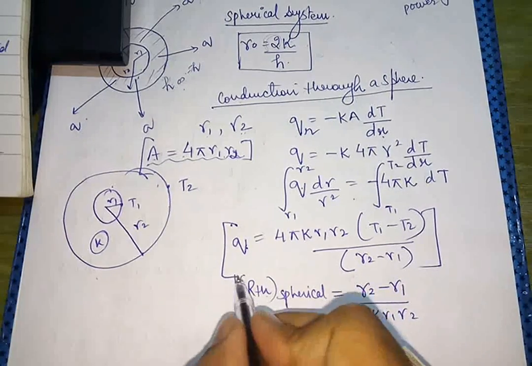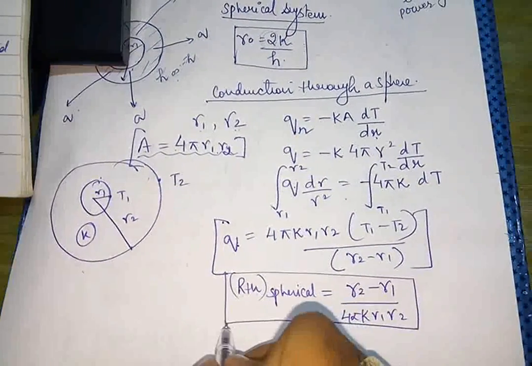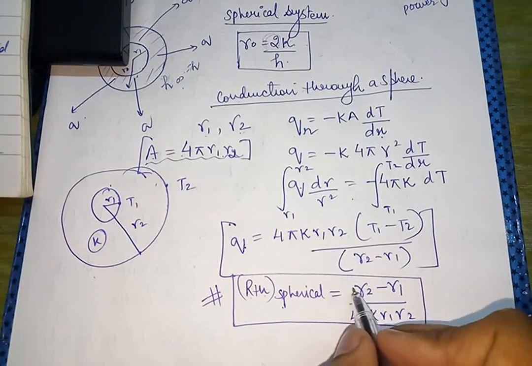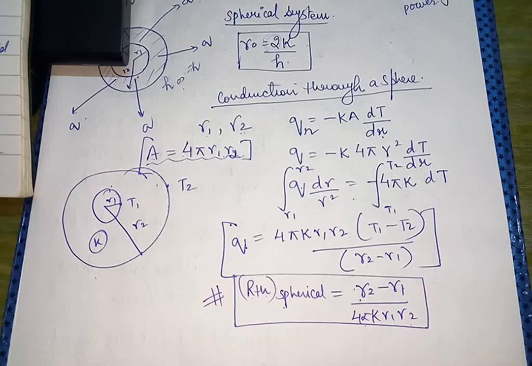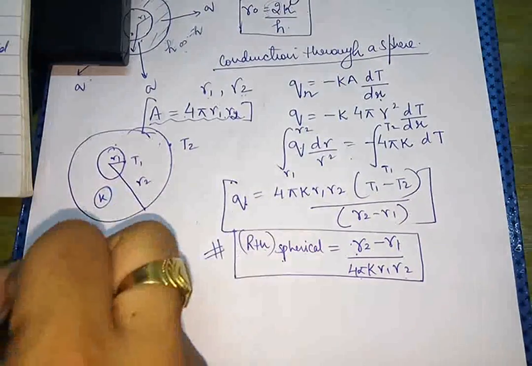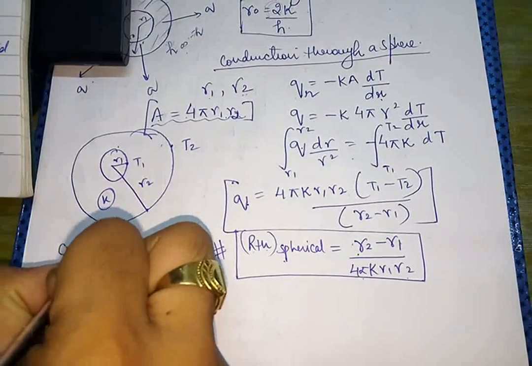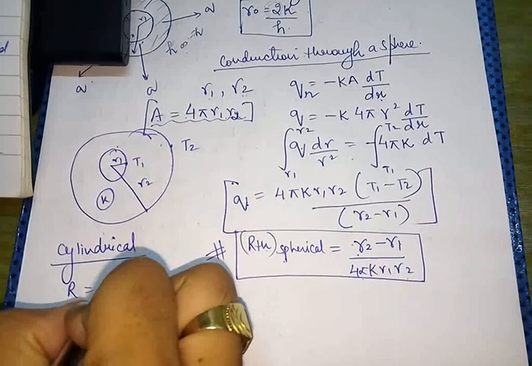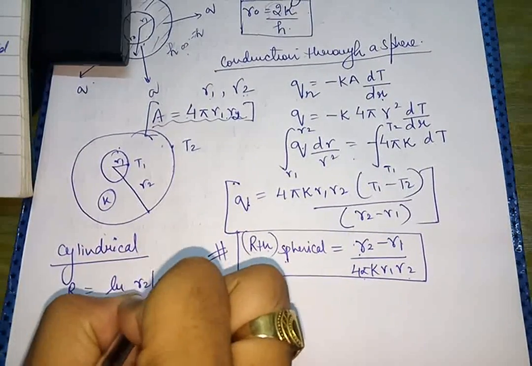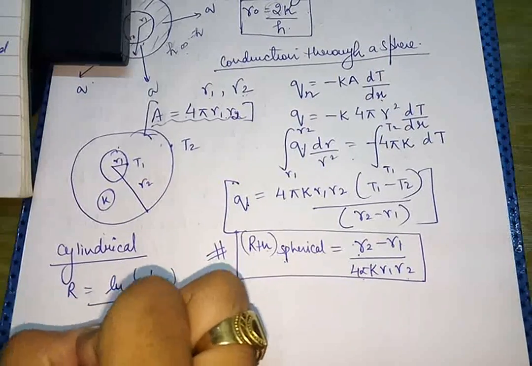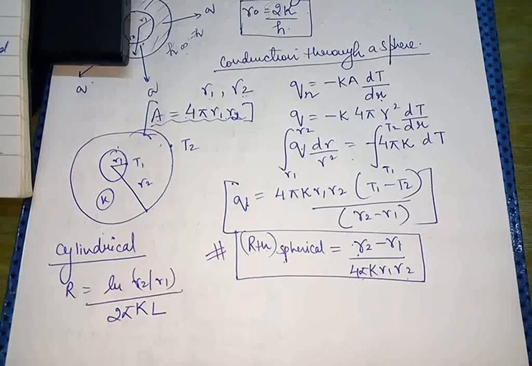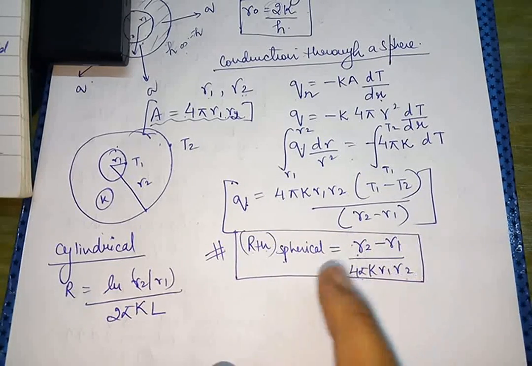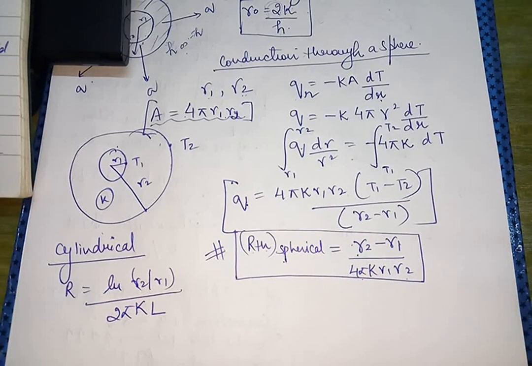The conduction resistance in case of sphere is (R2 minus R1) upon 4 pi k R1 R2, whereas in case of cylindrical, the resistance was ln(R2 upon R1) upon 2 pi k L. This was the resistance in case of cylindrical system, and this is the formula for resistance in case of spherical systems.